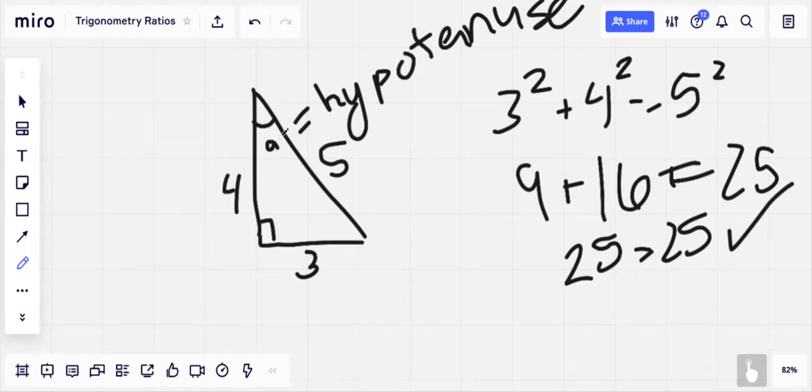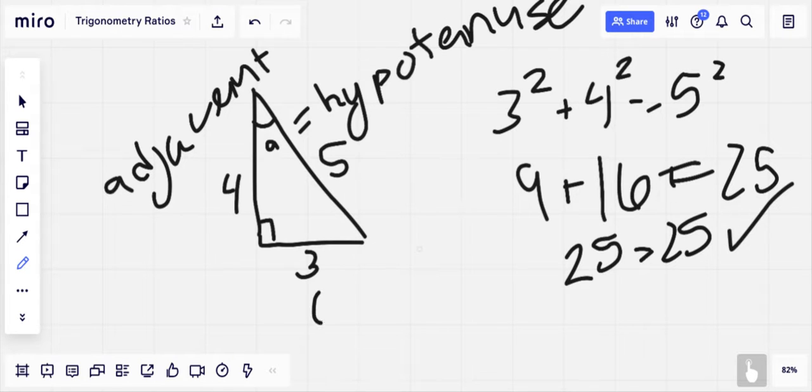Now, if we're discussing the triangle sides from the perspective of angle A, which is the top angle here, side 4 is called the adjacent side because it's touching angle A. It's basically forming the angle A, and we can call side 3 the opposite side, because 3 is opposite to A. So we have the opposite, adjacent, and hypotenuse from the perspective of angle A.